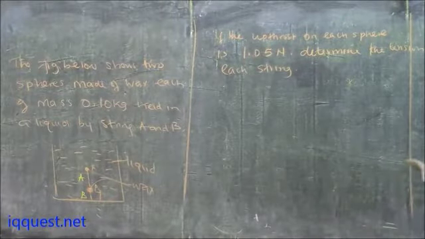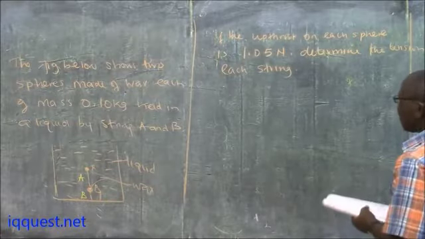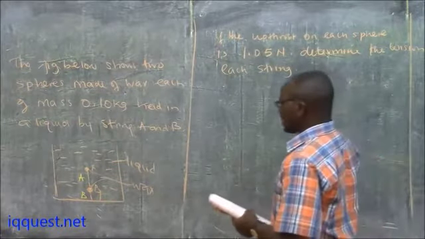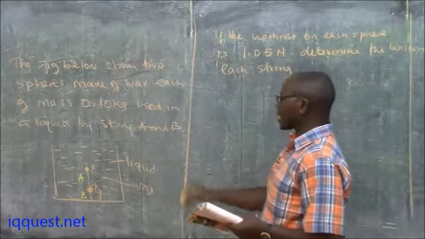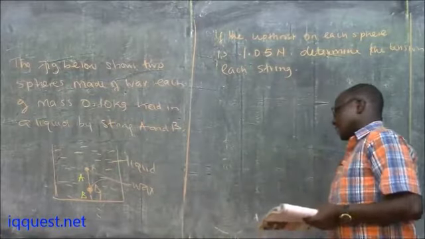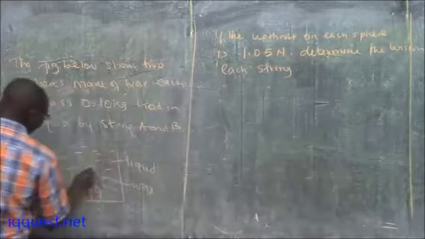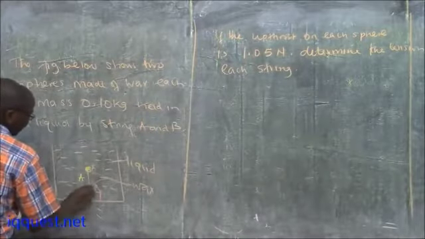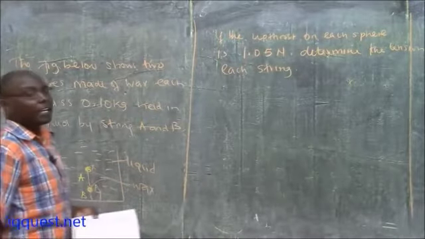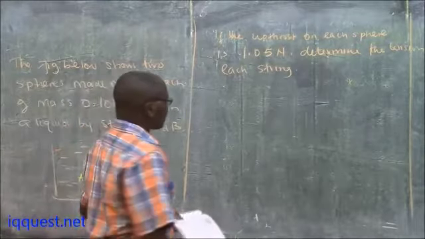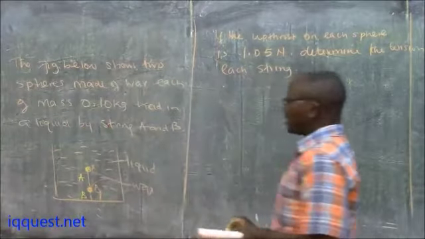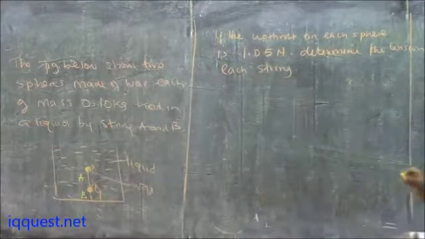Now, we know that these two spheres of wax, if there are no strings, they would actually float on water. So that means we can say there is tension in these two strings.